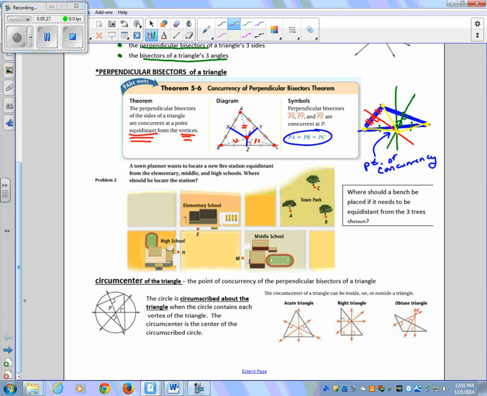A town planner wants to locate a new fire station equidistant from the elementary, middle, and high schools. Where should he locate the station?